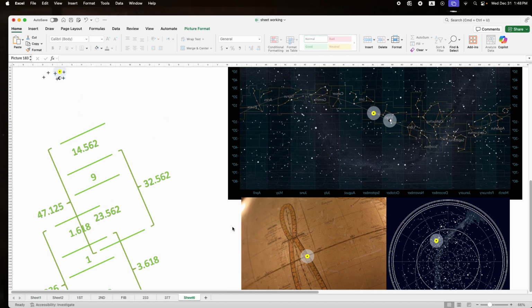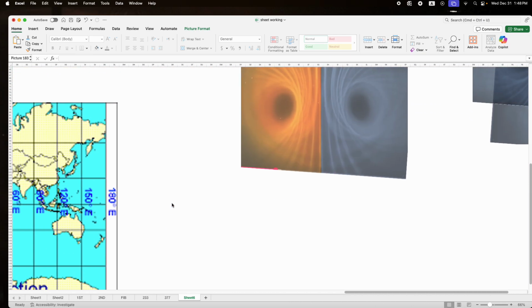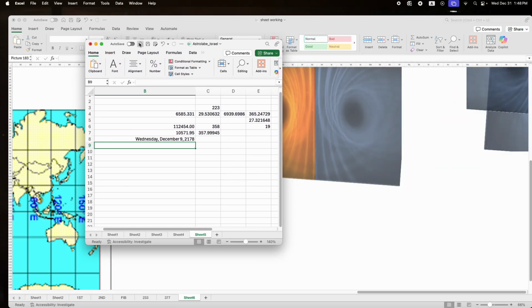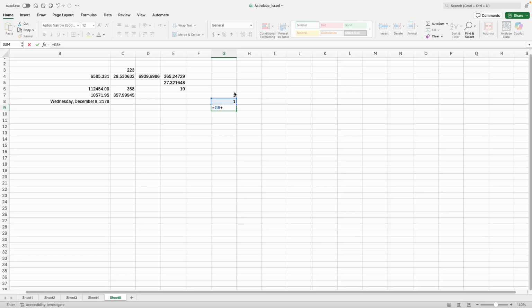But I did come across this, and some people will say, well, that's just a given because you're essentially looking at your Fibonacci series, which we'll just do real quick.